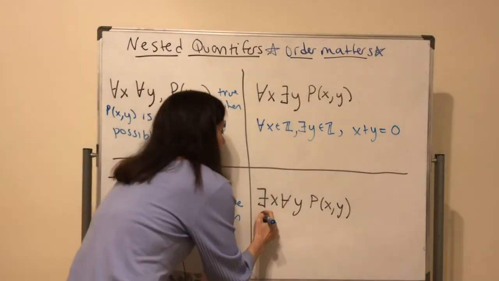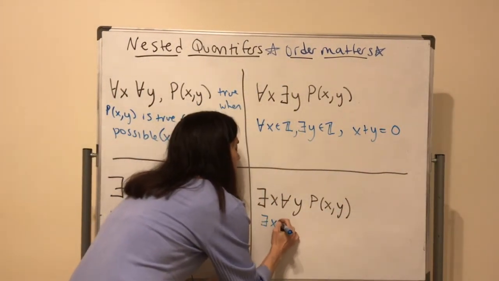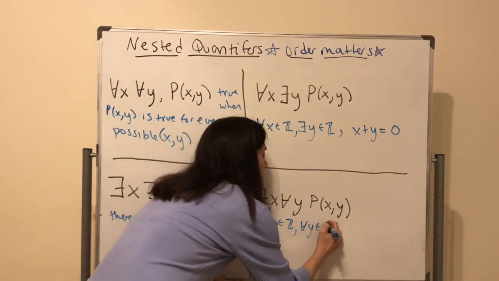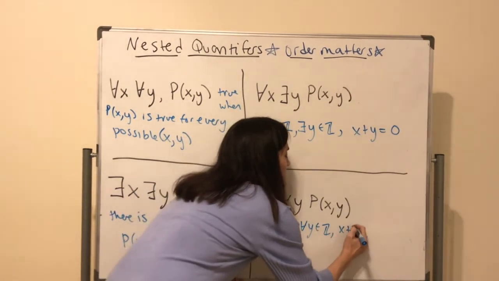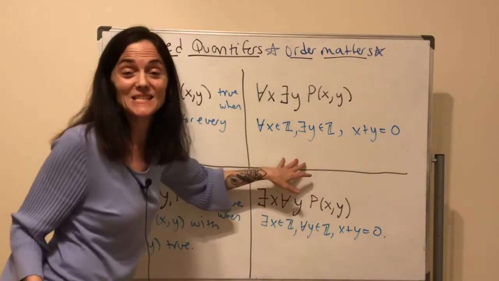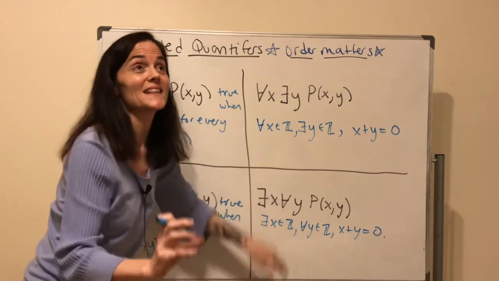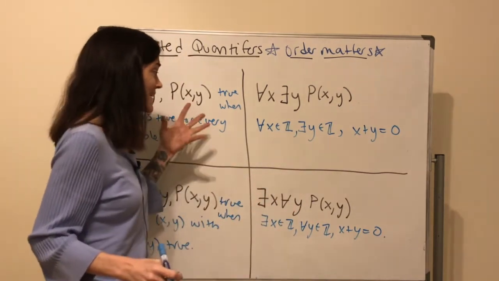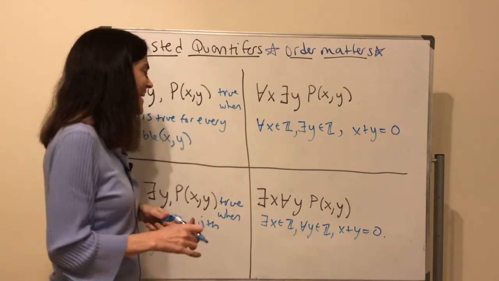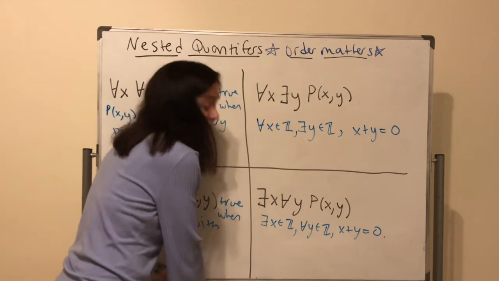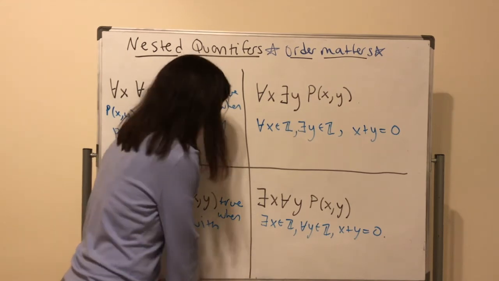And then here, there exists x in Z such that for all y in Z, x plus y is 0. One of these expressions is true, and one of these expressions is false. And this is why the order here really matters. Okay, well, which one is true, which one is false? This is the fun part of this activity.